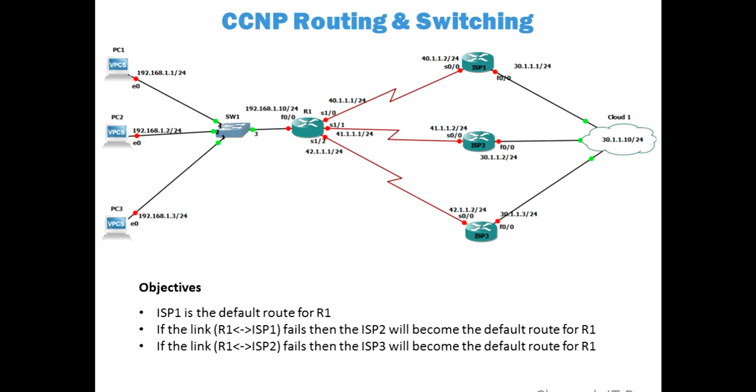The objective of this lab is that ISP1 is the default route for R1. In case there is a failure in the link between R1 and ISP1, then ISP2 will become the default route for R1. If the link between R1 and ISP2 fails, then ISP3 will become the default route for R1.